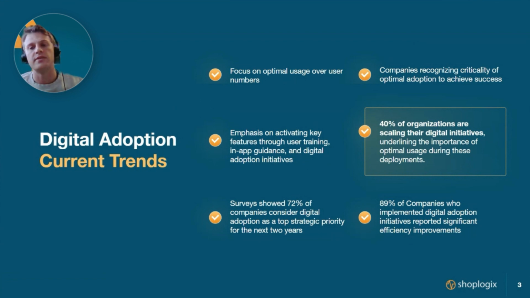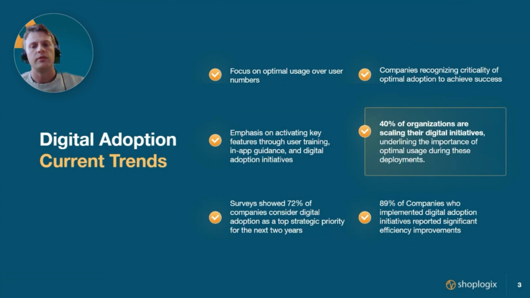Some of the key trends and data we've seen is that around 40% of organizations in recent years are starting to scale their digital initiatives across their organization. What that means is implementing software and scaling it out throughout different business units. And when doing that, it underlines the importance of focusing on optimal usage during these deployments in order to be successful.